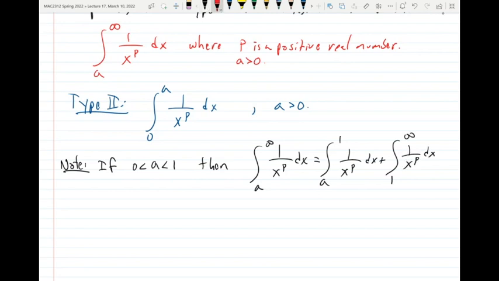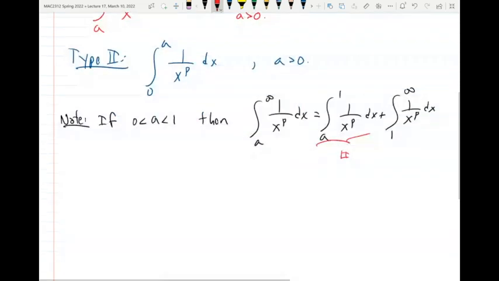Now this right here is just a number, because there's no problem since a is positive. You compute this integral as a number. So the convergence of the original integral really depends on the convergence of the one from 1 to infinity. It is enough to analyze this one. I want to get rid of the a.